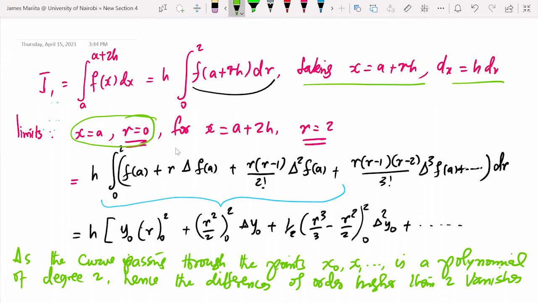And when we expand this now for f of a plus rh, we'll get to these integrals that we have here. Now, because the curve is passing through the points x0, x1, and so on, and this is a polynomial of degree 2, then the differences of order higher than 2 will, of course, vanish, so that we have the following.